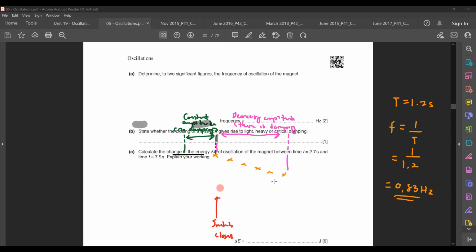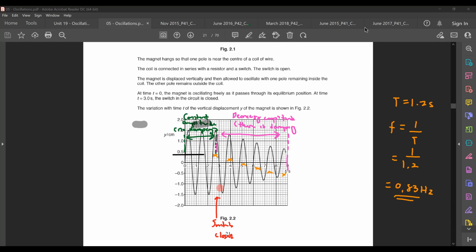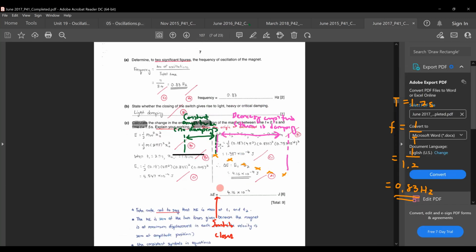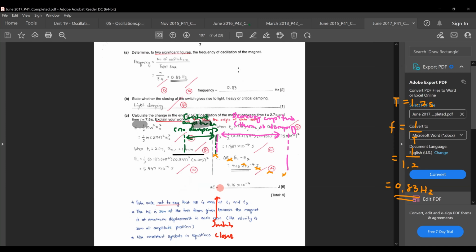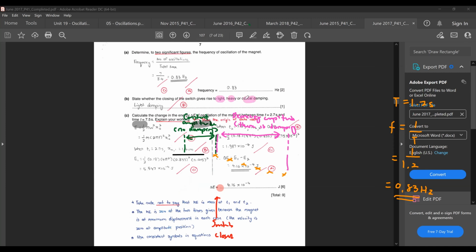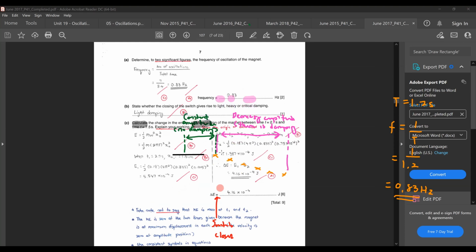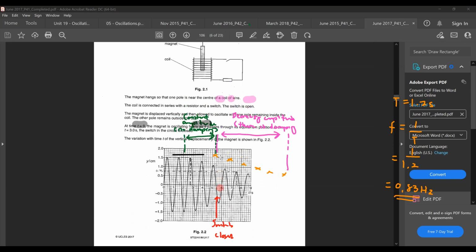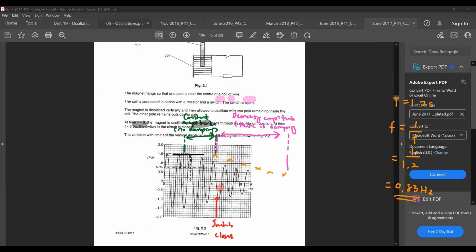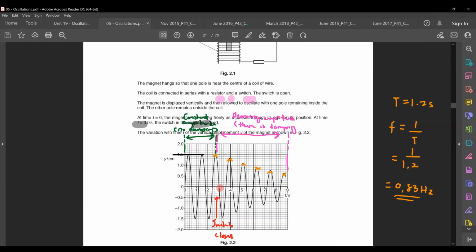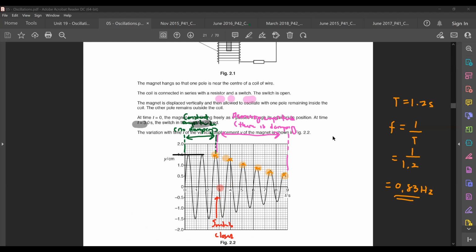So here the question just really wanted to know whether the act of closing the switch gave you light, heavy, or critical damping. One of the things that you can actually see here is that the oscillation was still maintained about the equilibrium position as the amplitude gradually decreases.